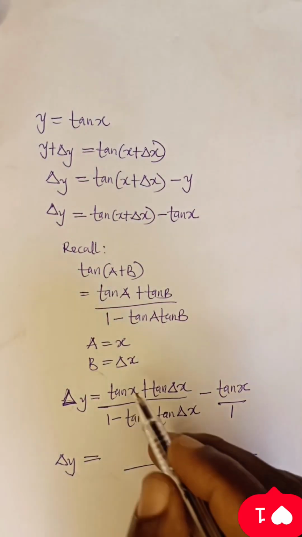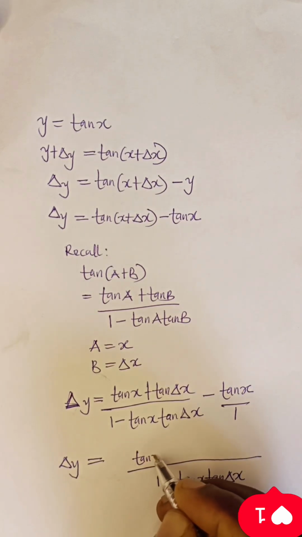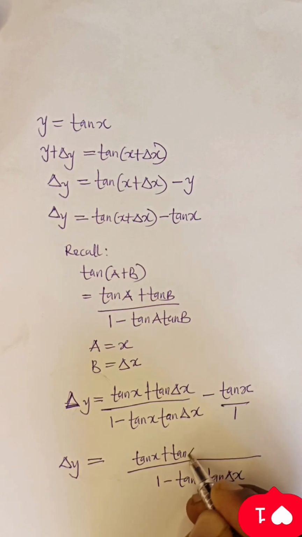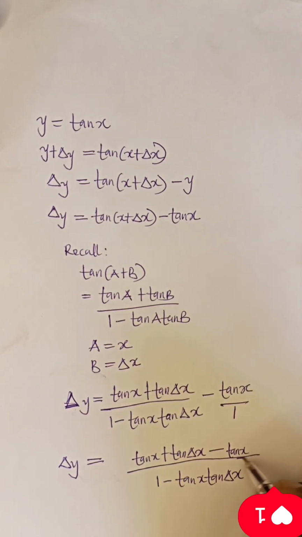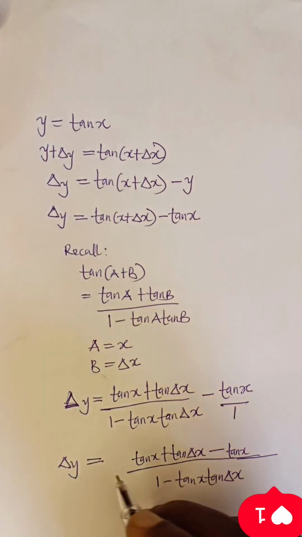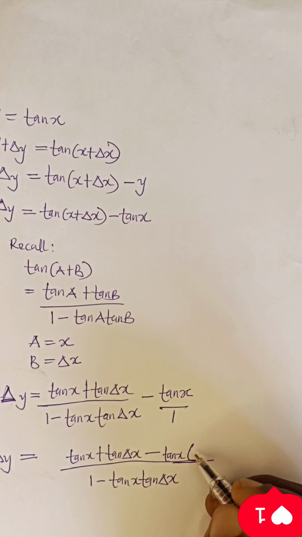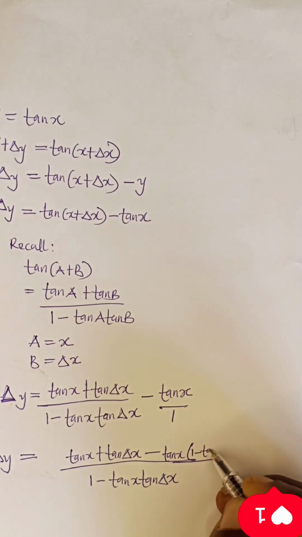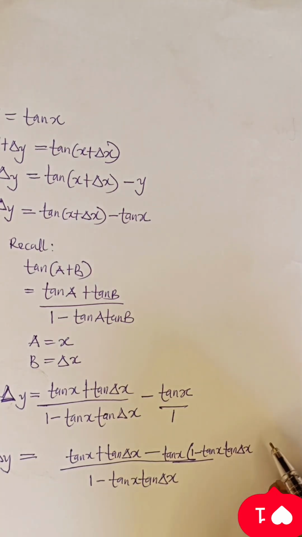Here, 1 times this, we have tan x plus tan change in x minus tan x into (1 minus tan x tan change in x).